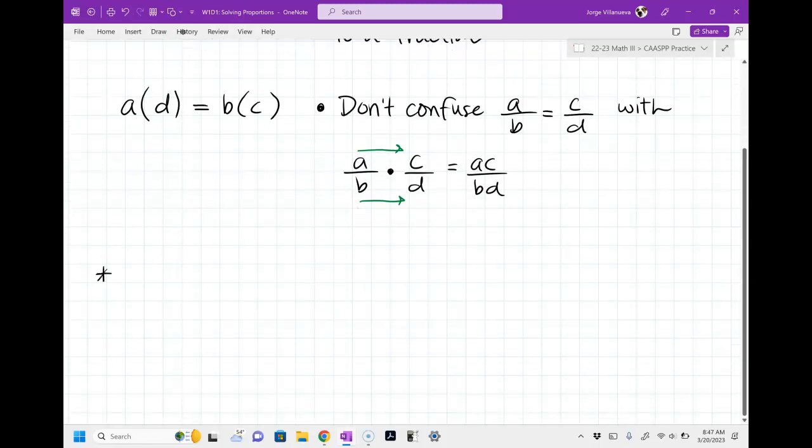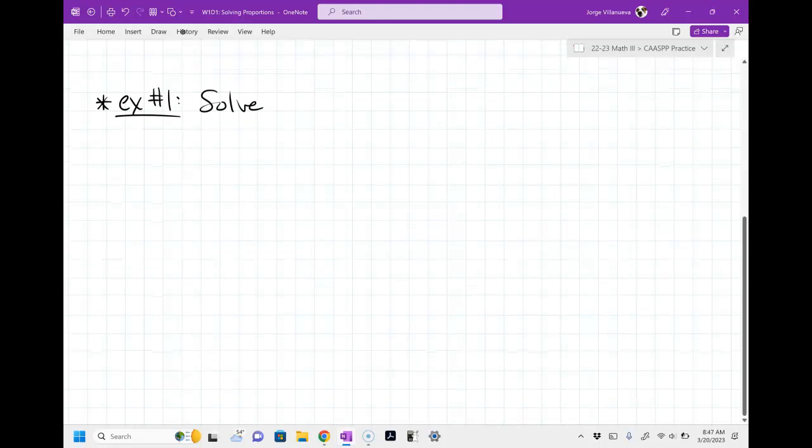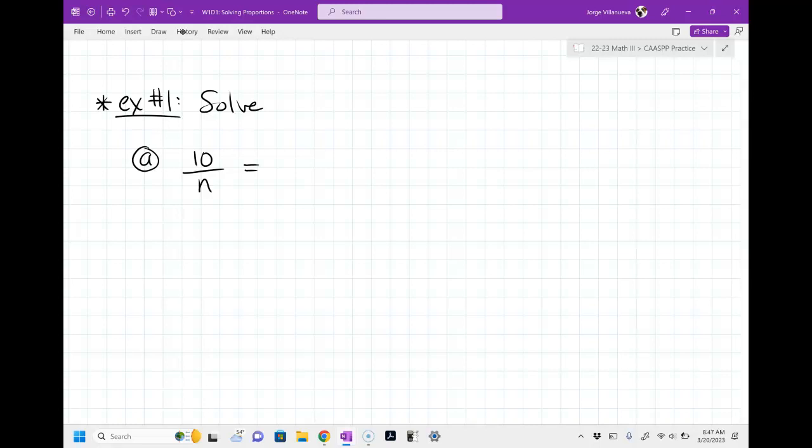So here we go. Example number 1. We're just going to solve. The first one, we'll just put 10 over n is equal to 7 over 2. A lot of times the answers come out as fractions, and that's okay. Just reduce them as much as possible, and you're good. So don't freak out if you get decimals.